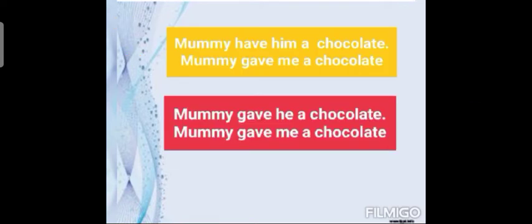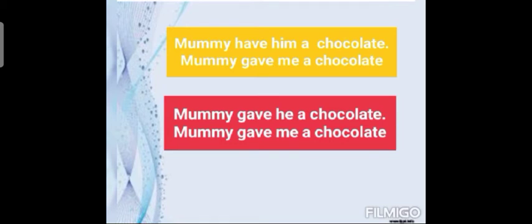The first sentence in the previous slide can be divided like this. Mummy gave him a chocolate. Mummy gave me a chocolate. And the second sentence can be divided as Mummy gave he a chocolate. Mummy gave me a chocolate.